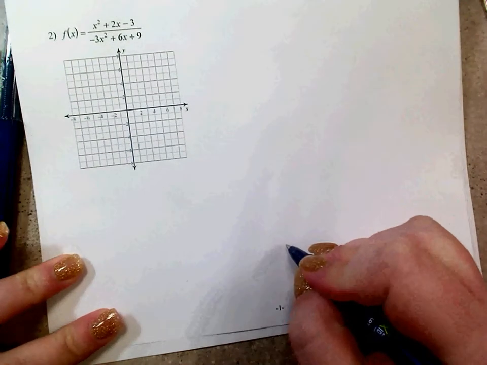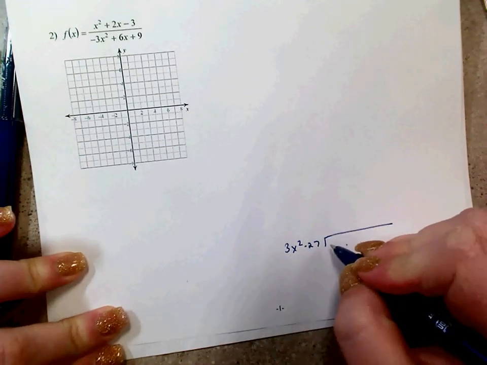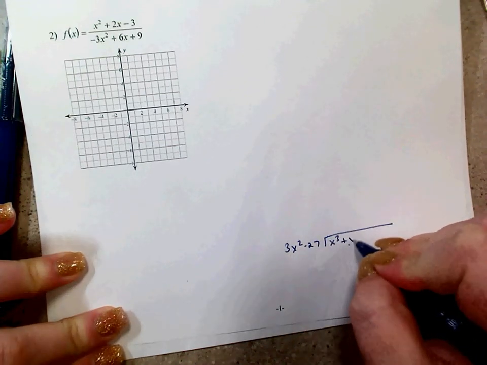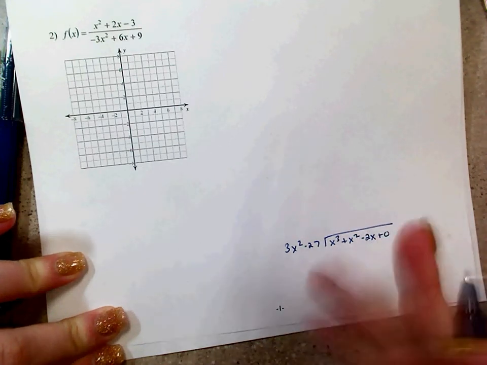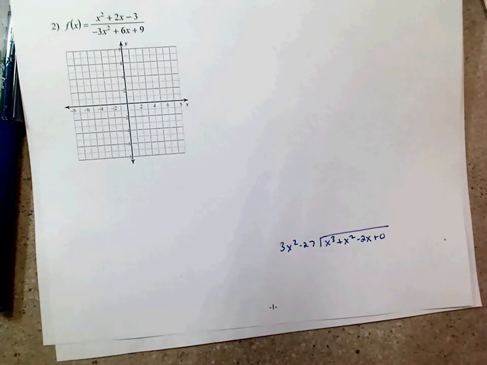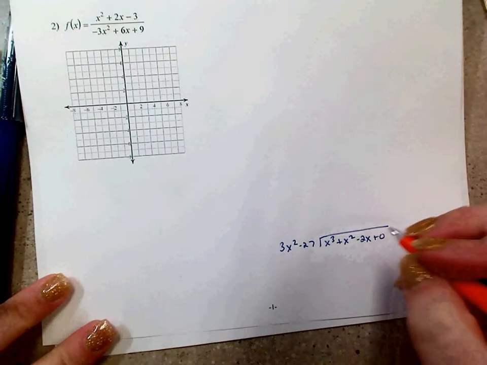Okay, so I need to divide x cubed plus x squared minus 2x by 3x squared minus 27. So what do I need to multiply 3x squared by to get x cubed? And that is 1/3 x.